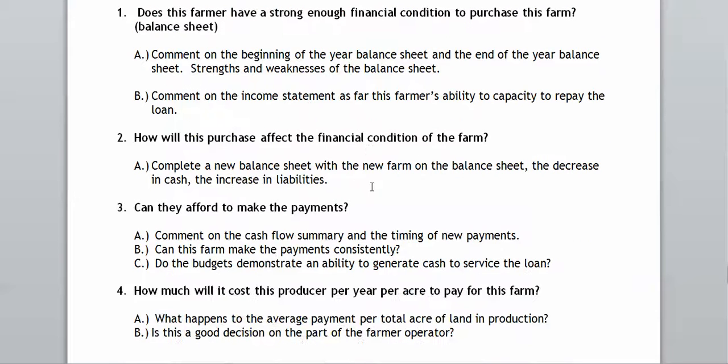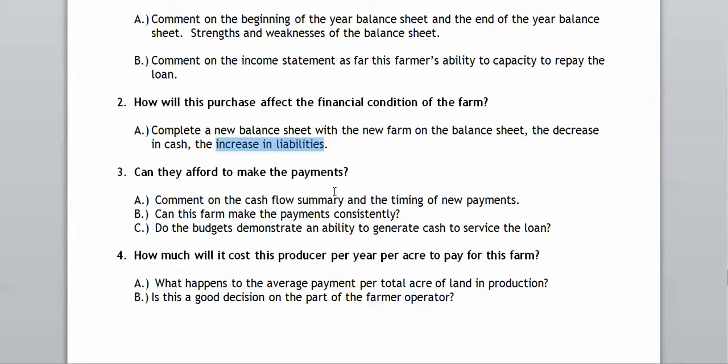Our asset will increase $744,000, the value of the farm. So we put the new farm on the balance sheet under non-current assets. We decrease current assets in cash. We increase current liability for the note due this coming year, and the rest of the remaining principal will be due after this year.